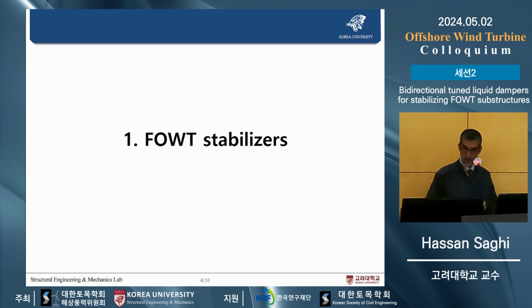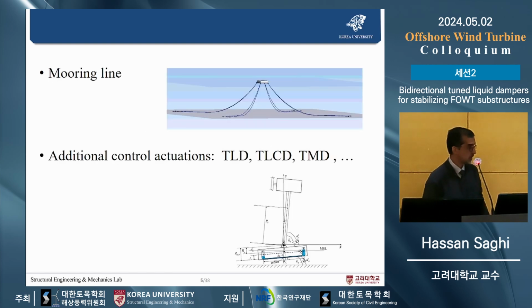So at the first step, I explain more about the FOWT stabilizers. As you know, there are different kinds of stabilizers, including mooring line and additional control actuations, including TLD, TLCD, and TMD, and so on.